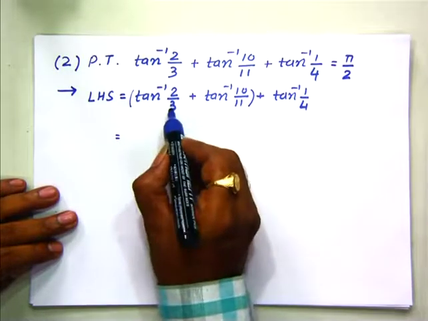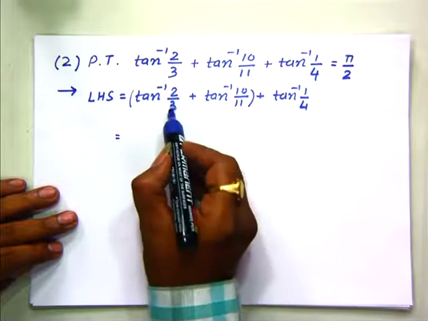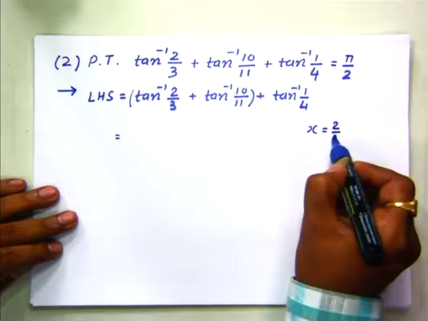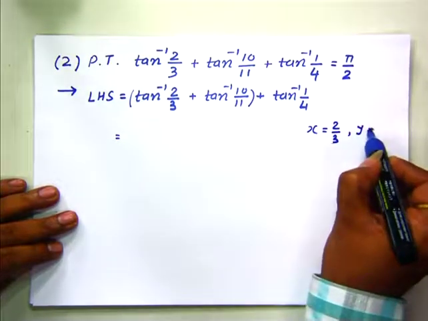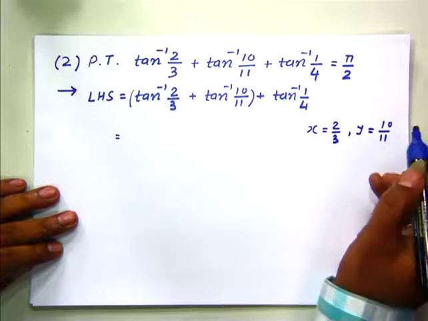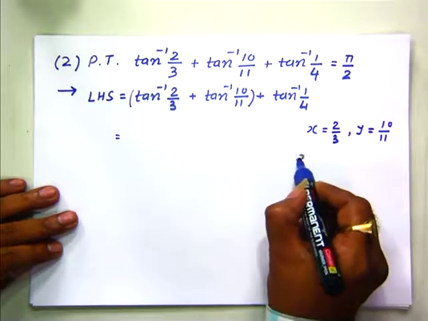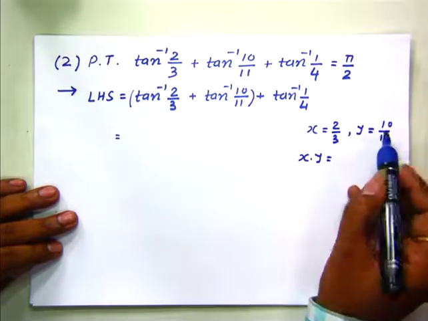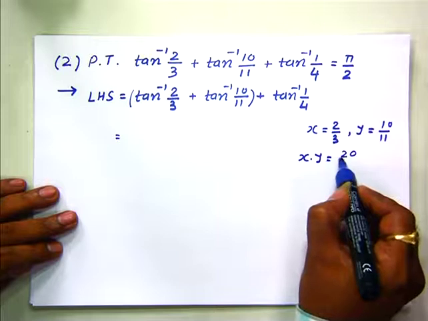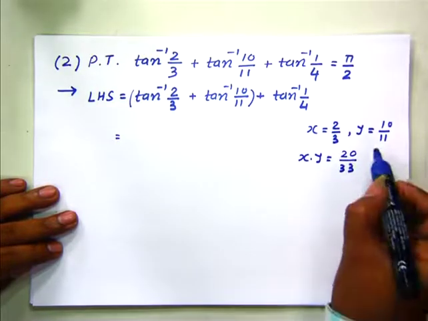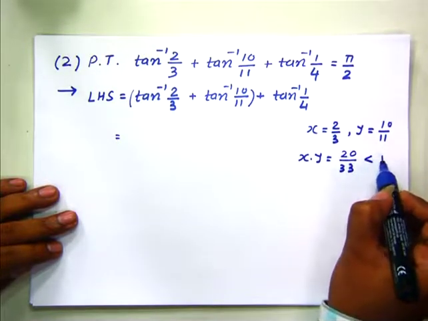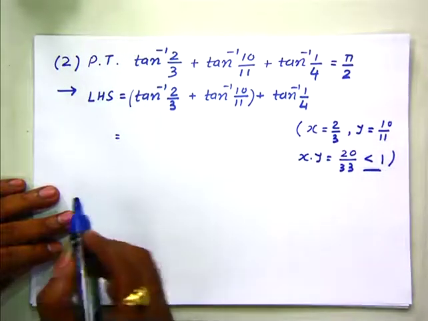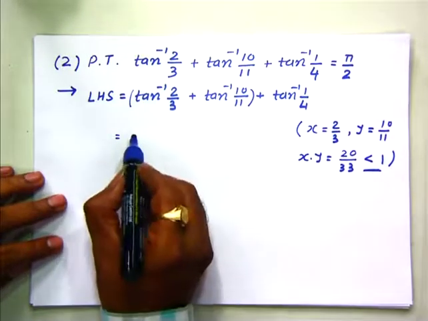See, this is tan inverse x plus tan inverse y. Here x is 2 by 3 and y is 10 by 11. Okay, so therefore x into y is equal to 2 by 3 into 10 by 11, means 20 by 33, and clearly this is less than 1. This is less than 1, so we will use the first one.